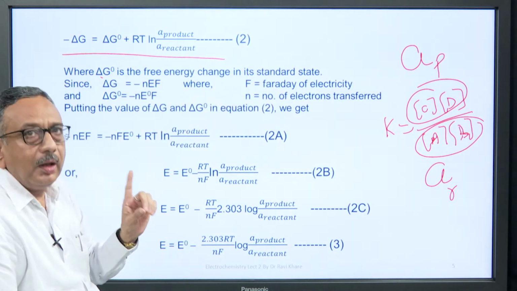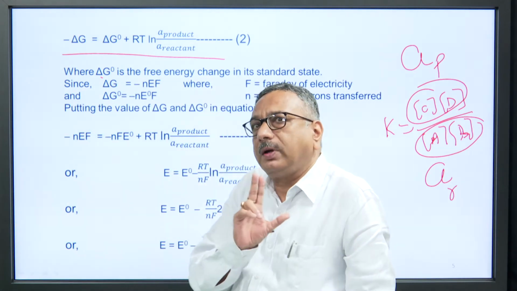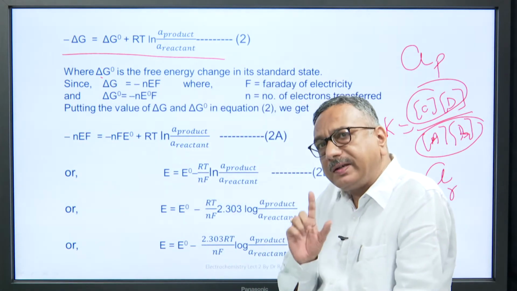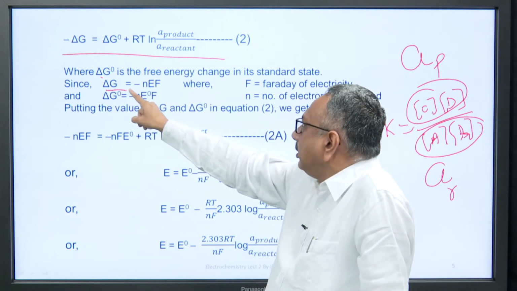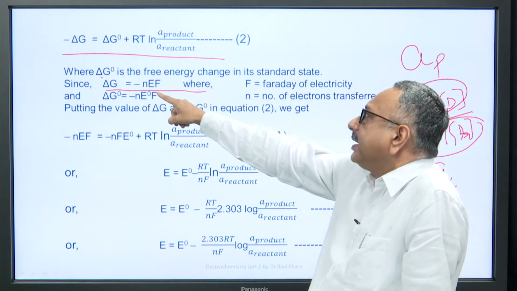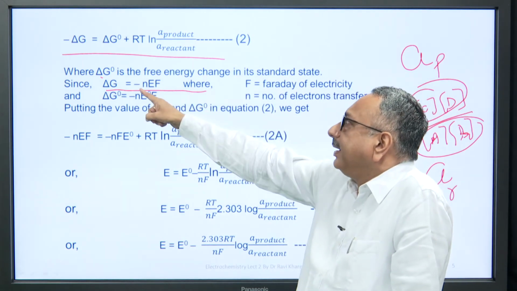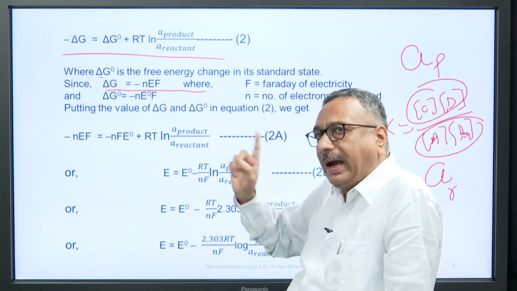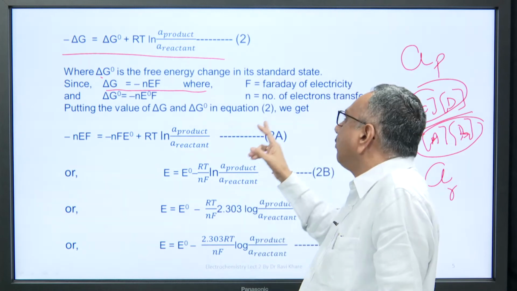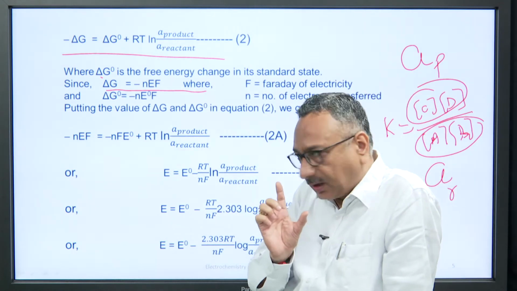Standard state means when pressure is 1 atmosphere and temperature is 25 degree Celsius or 298 K. Since delta G is equal to minus nEF, where F is Faraday of electricity and n is number of electrons transferred in half cell reaction.